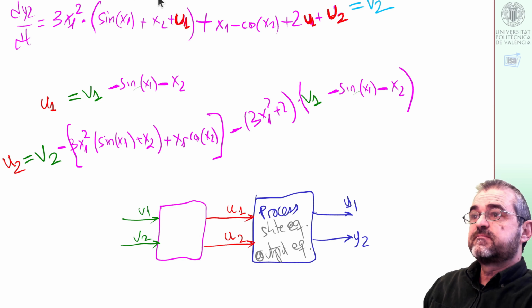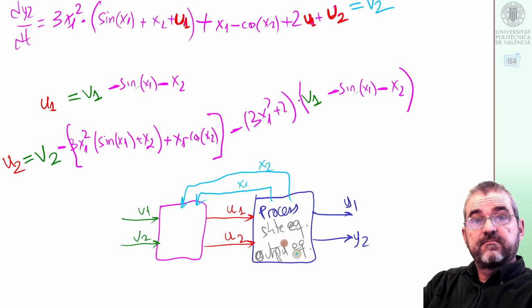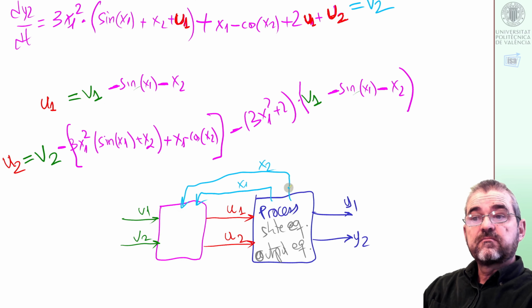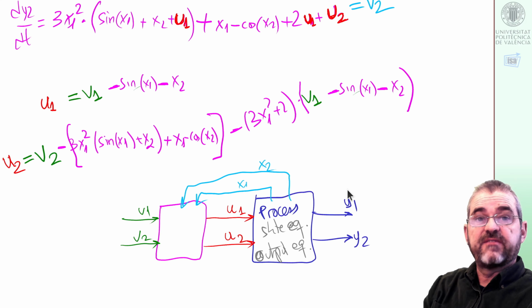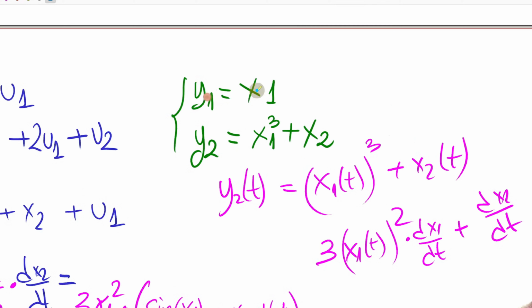That's important because I need to fetch them from the process. So this is why these operations are called feedback linearization, because in order to compute this, I need to know the state, either because I measure it or because I have some sensors that allow me to compute x1 and x2 using the model.